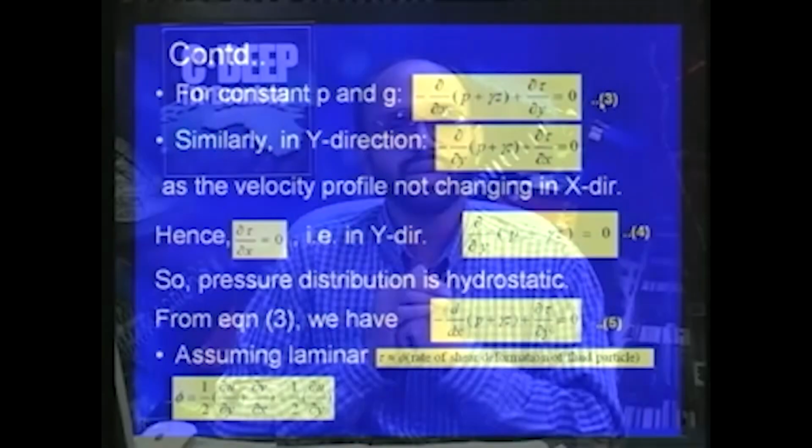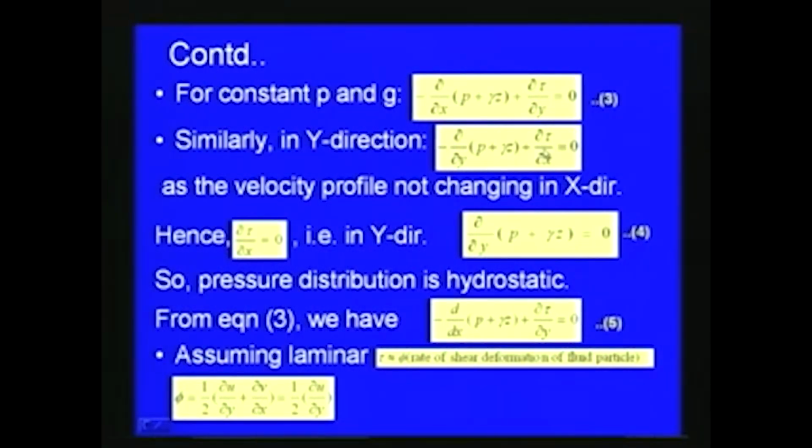In a very similar way, in the y direction we can write minus del by del y of (p plus gamma z) plus del tau by del x is equal to 0. Now here we get an expression with respect to the shear stress, so we can use Newton's law of viscosity to get it in terms of velocity.